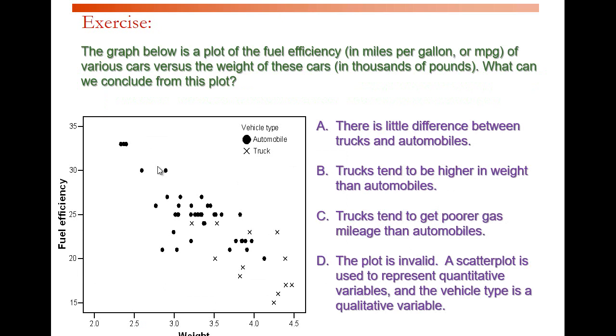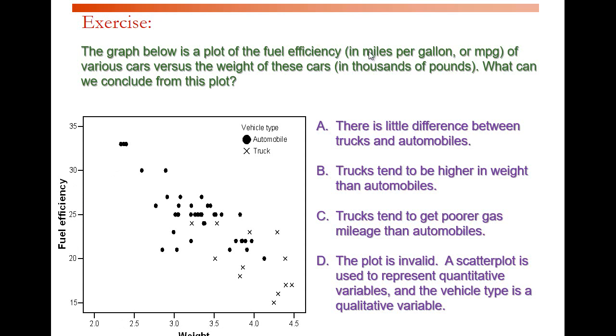Okay, here we have another scatter plot where we have weight of a car along the horizontal axis and the fuel efficiency of a car along the vertical axis.